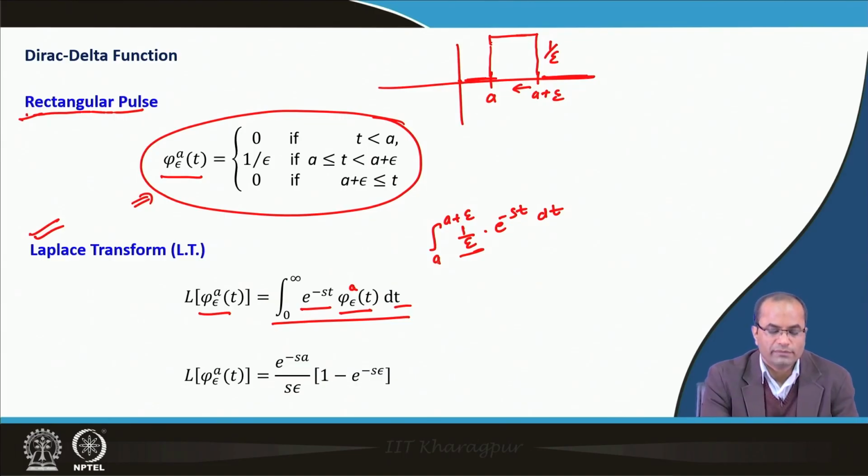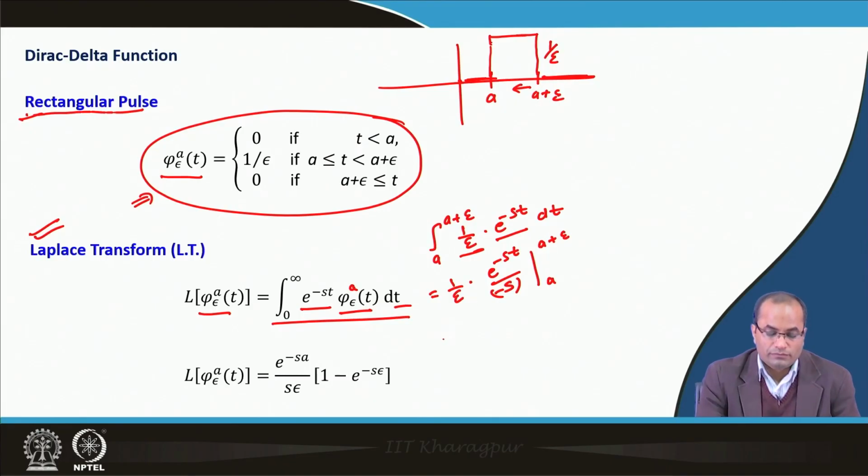So, the integral will remain from a to a plus epsilon of e power minus s t, because of this Laplace transform. So, here 1 over epsilon, and then we have e power minus s t over s with a minus sign as its integration, and that will be set for the limit a to a plus epsilon.